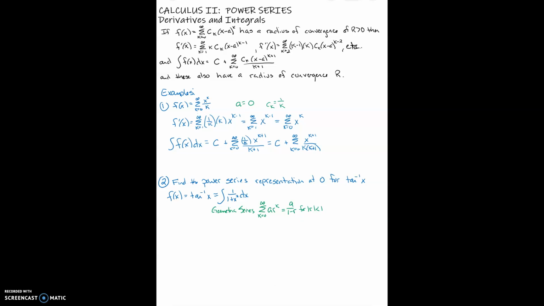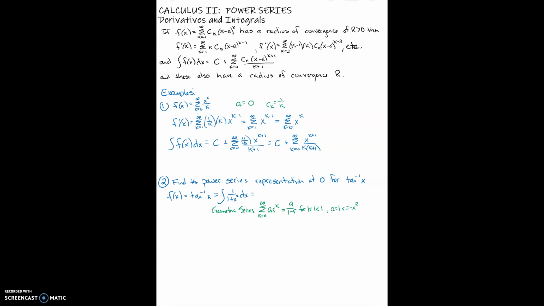In this case, my a value is 1, and the r value, be careful with this, it's negative x squared. Which means, again, I have this part, and so I want to rewrite it in terms of that series.